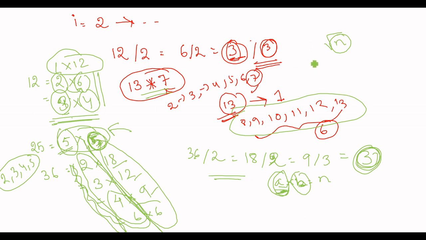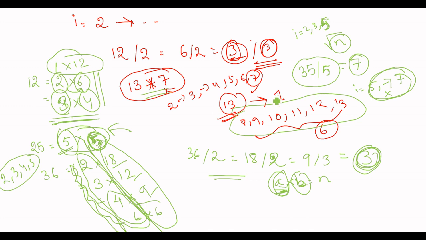Suppose we have 35, and we have divided this 35 by 5 after doing i equals 2, 3, 4, 5, and we have got this 7. Now I am saying, instead of making this jump of i from 5 to 7, we can ignore it, because to get all the pairs of 35, we can do the square root of 35, and that is less than 6, because 36 is 6 squared.